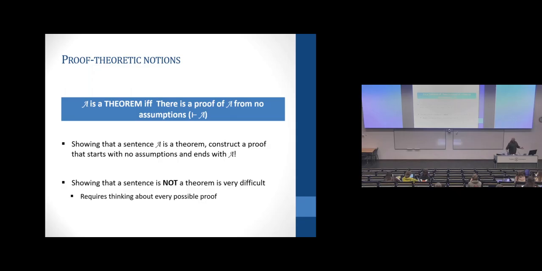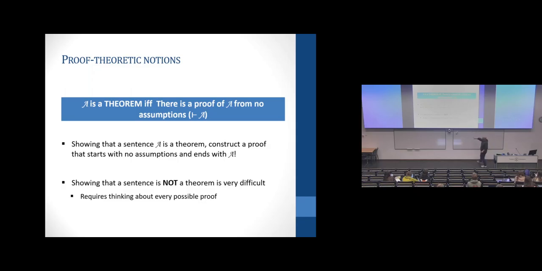So, okay, we have our first proof theoretic concept, being a theorem. One thing to note: if I give you a question, say on the exam, something like this, what I'm asking you to do is show me that the sentence on the right is a theorem.